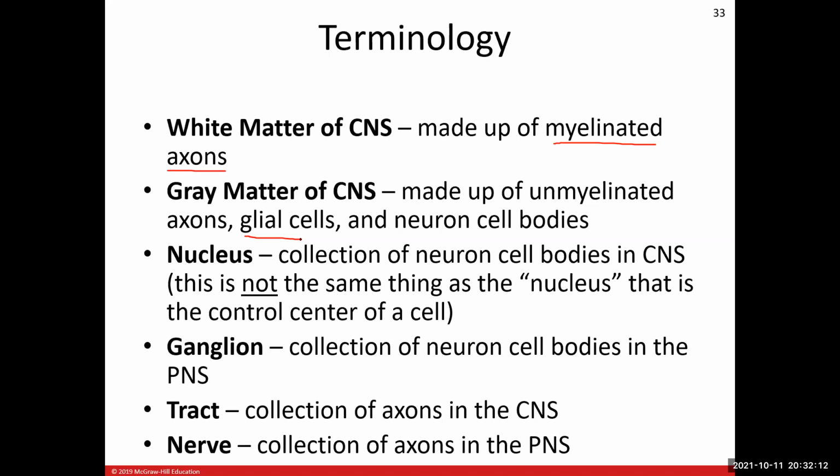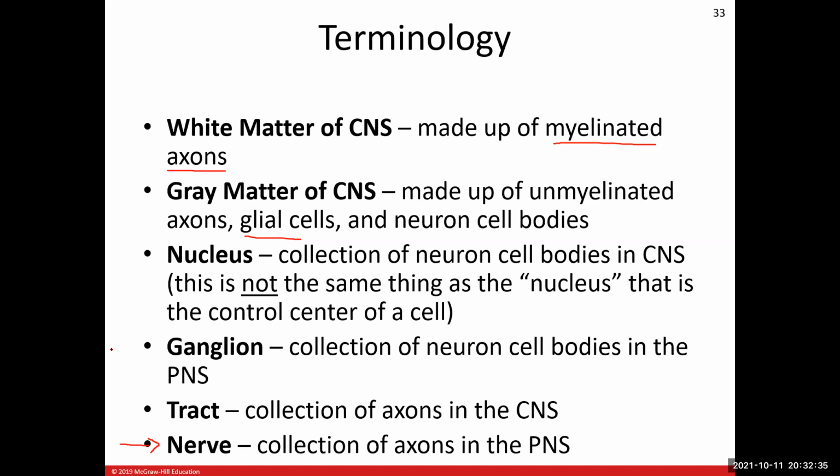If we're dealing with the central nervous system, we're going to call that same specific structure a different name. So let's start off with what we know. Go all the way to the bottom here and look at nerve. A nerve is a collection of parallel axons in the peripheral nervous system. We already knew that.